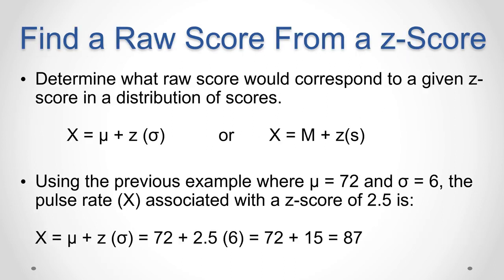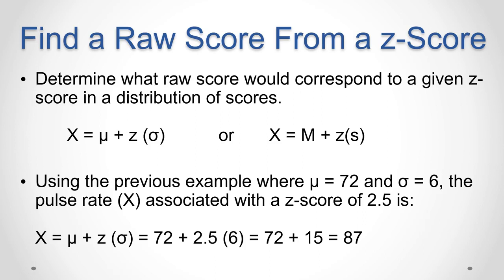We could also find a raw data score if we know its z-score. Using a little algebra, we take the z-score formula and turn it into x equals mu plus z times sigma. Now, using the previous example, we want to find the pulse rate for a z-score of 2.5.